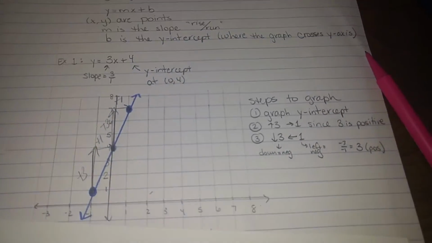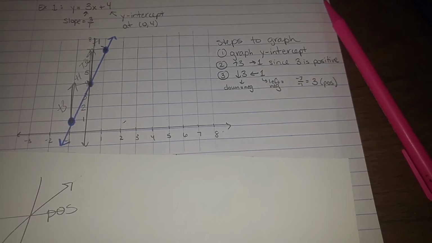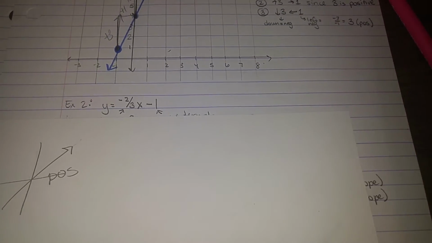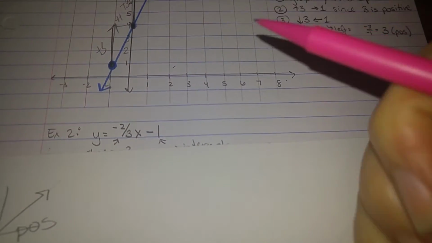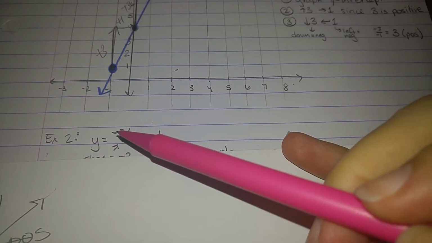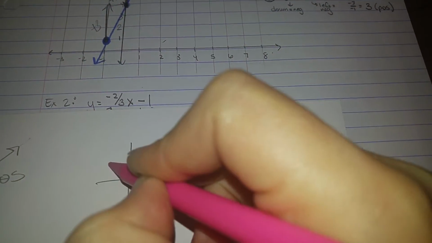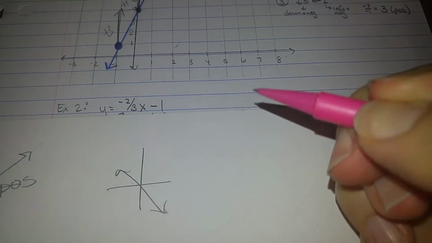And that's that equation. So I have this one, which the first thing I notice is the fact that the 2/3 is negative, telling me that this graph needs to graph in this down direction.